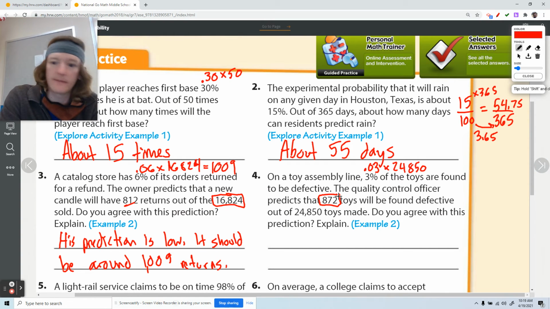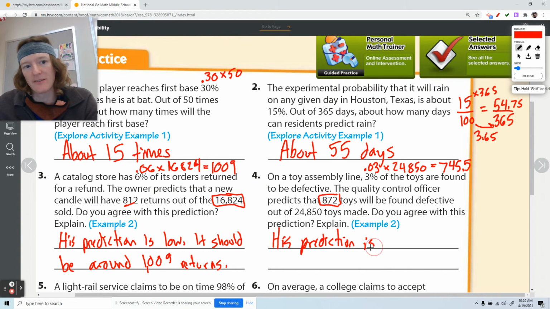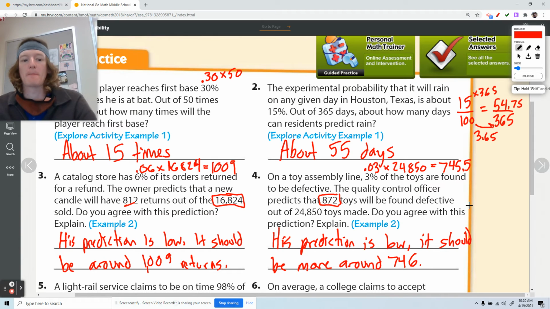So 0.03 times 24,850 is 745.5. It should be around 746. This is the actual amount using the 3% number.